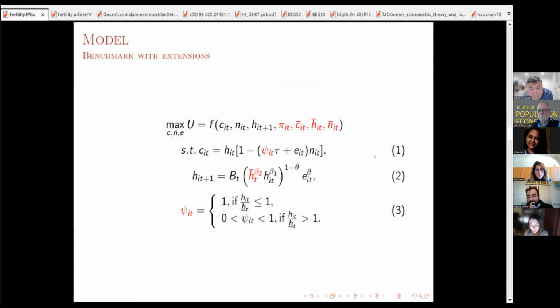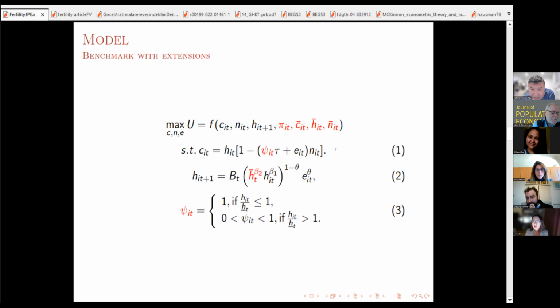This is it. So if someone with this level of human capital works one period of time, this is the income. If someone doesn't have any children, then that's the income. And because in my model there's no saving, that's the consumption. You consume all your income.